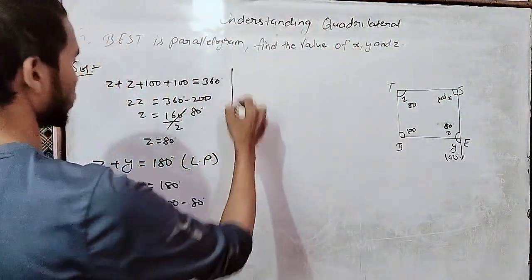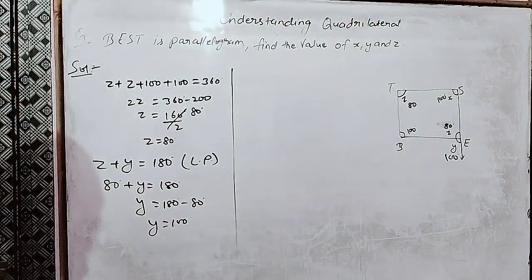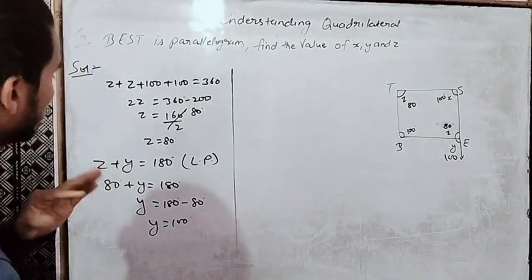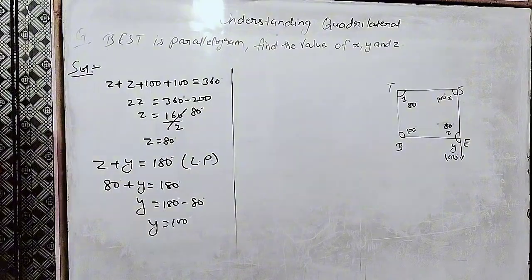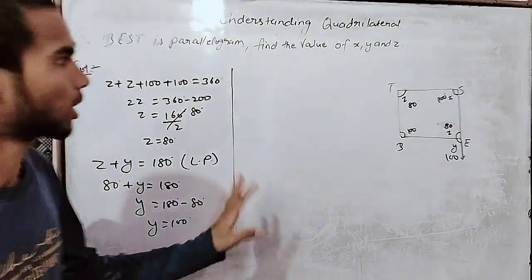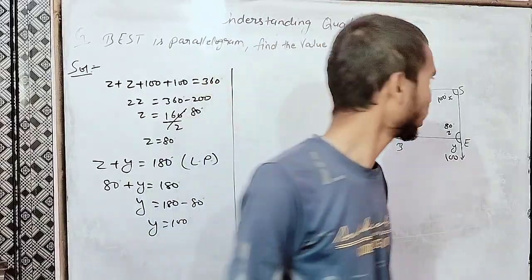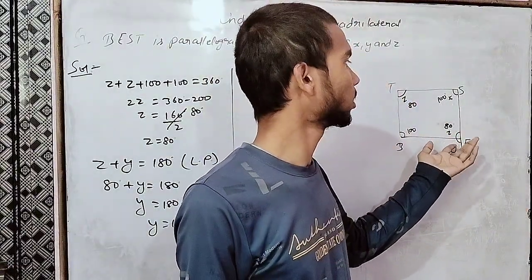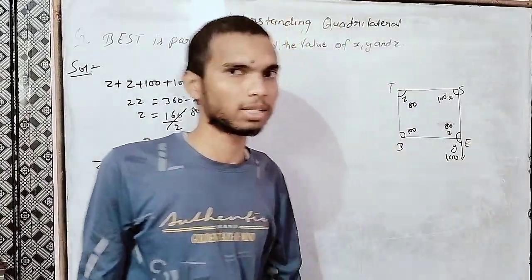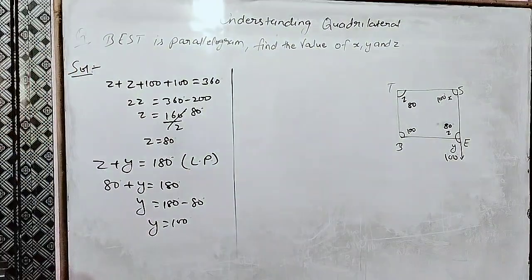Clear? Okay. Now what else? Yeah, we are done. I already knew that the answer of x would be 100, value of z is 80, value of y is 100. I have told you.